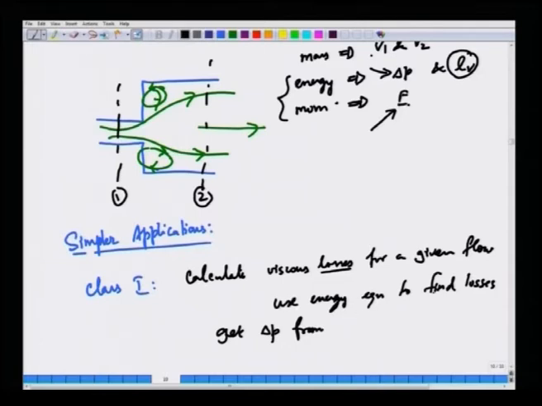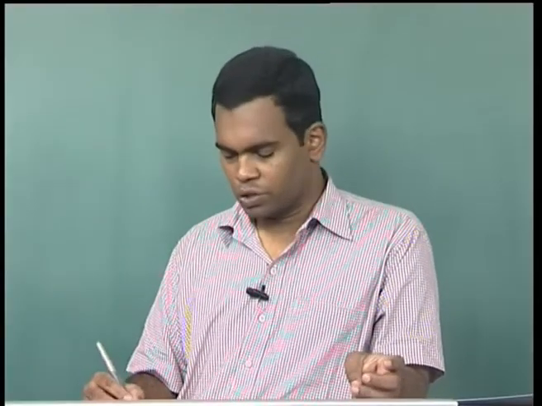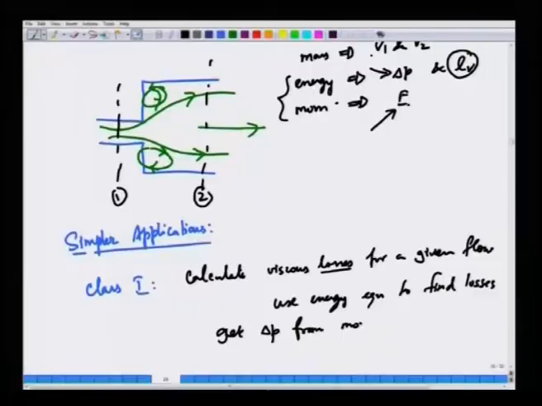So, in order to find losses you need the pressure drop in the energy equation, but the momentum equation relates the pressure drop to the forces. So, if you want to get the pressure drop from the momentum balance, then we need to know the forces acting on the CV.